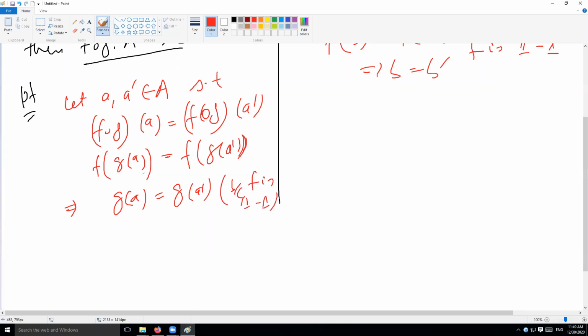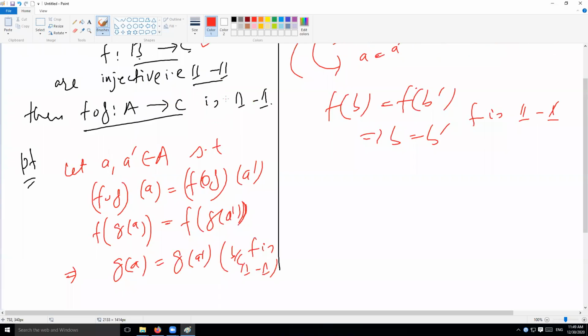Forget about what is written inside. If F of anything is equal to F of something else, then these two things are equal. No matter what is inside, it doesn't matter. Now I know that G of A is equal to G of A prime.